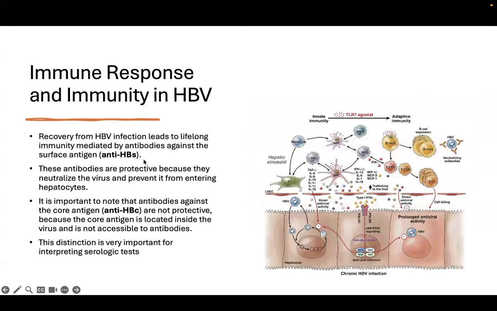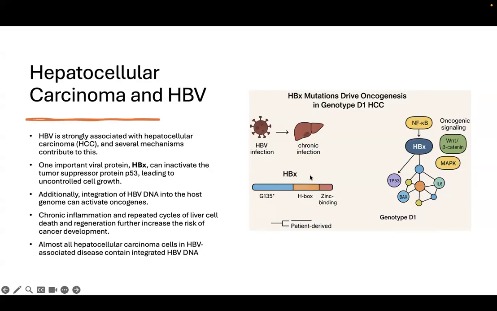And HBx can actually bind to P53. We know P53 is a protein that's very important to stop oncogenesis. Every time our cells become oncogenic, P53 is able to recognize this and stop it and make the cell die. But the hepatitis B virus, specifically HBx, can stop it.